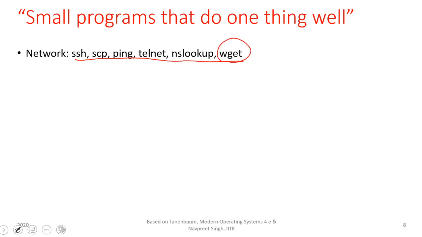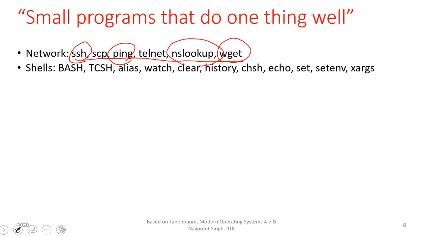For example, wget can download or save things from a remote server. NSLOOKUP does name lookups. Ping is a command used to check connectivity to a server. SSH is for SSH protocol connectivity. So different programs do different things, and they do that particular aspect well.